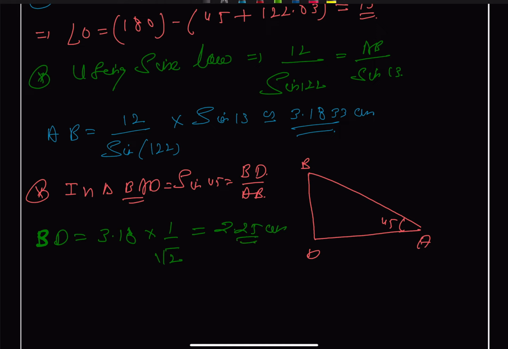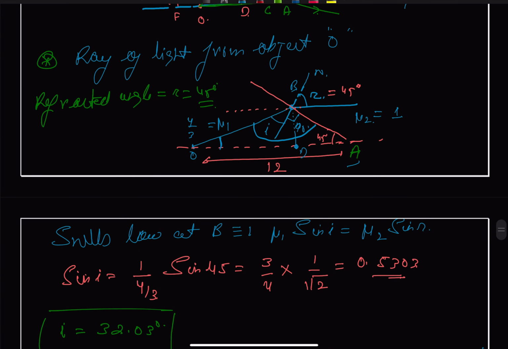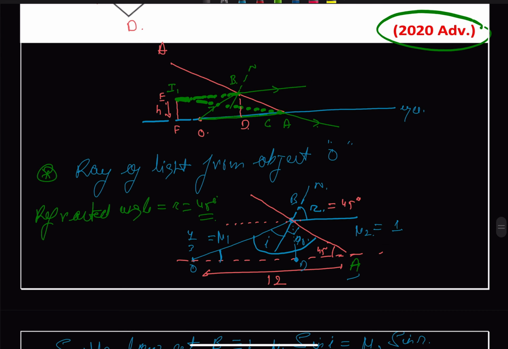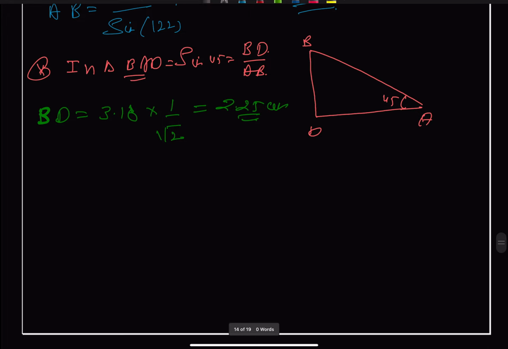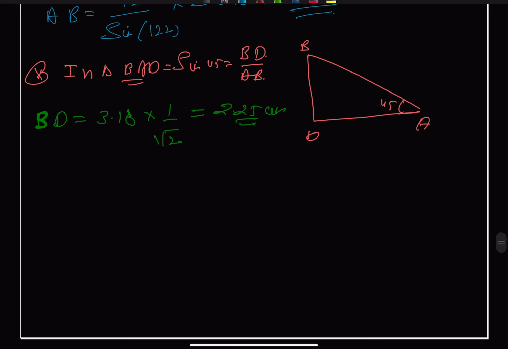So we found out our BD, and BD is nothing but equal to our EF. So these two are equal, BD is equal to EF, which we have denoted as H. So H will be equal to 2.25 centimeters.